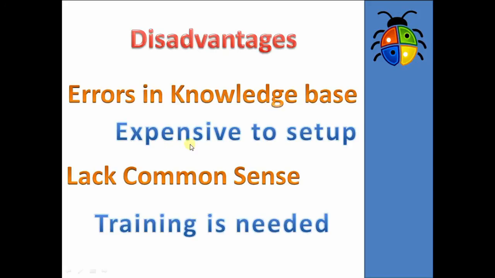Likewise, expense. So collecting all that information from these top experts and building the system, paying programmers, paying for the database, this has a lot of expensive startup costs. So we have to be aware that it's not cheap to have an expert system.